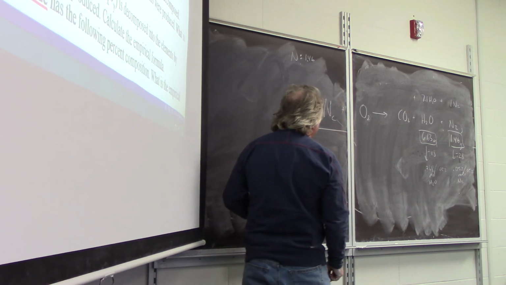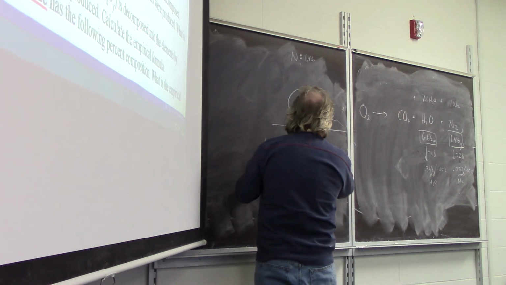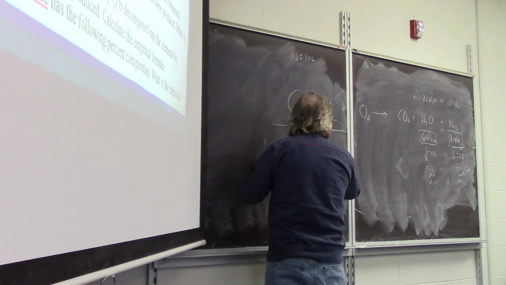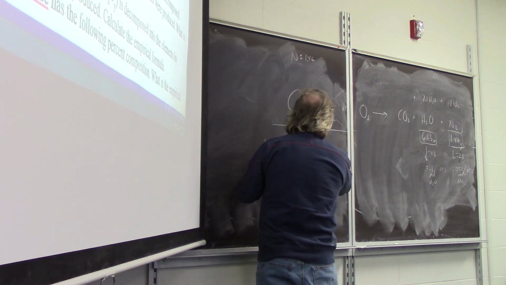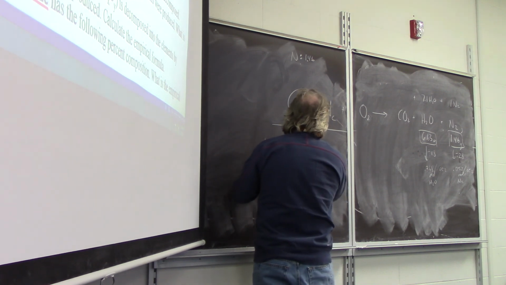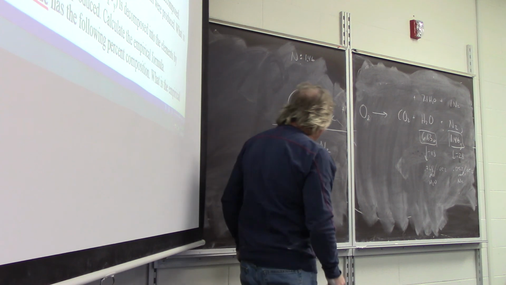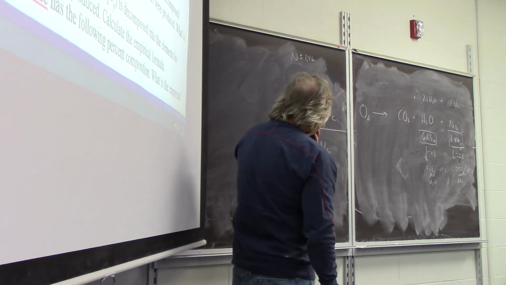So what I'm going to say is that the amount of nitrogens is 2, the amount of oxygen is 14, hydrogens is 14, and then I got CX. Does that help me?